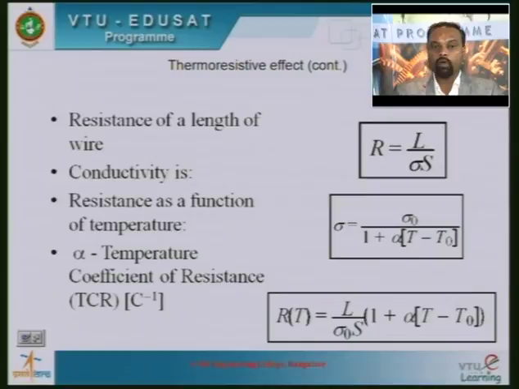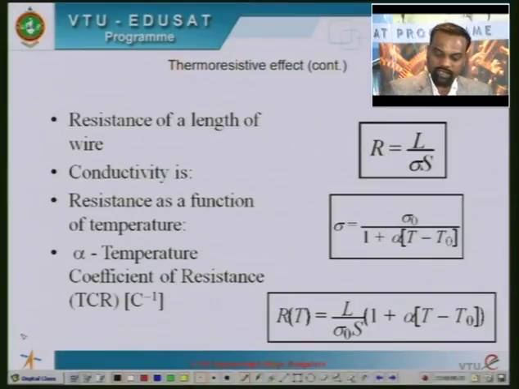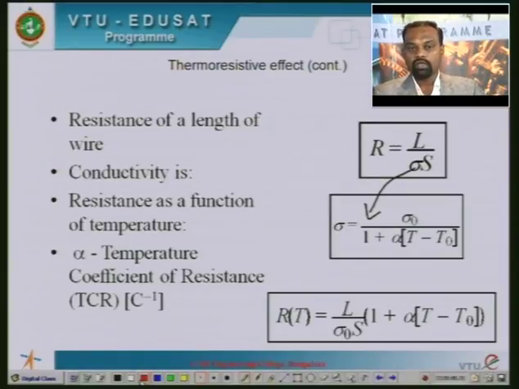The conductivity is not a constant but a variable quantity, and it is given by sigma equal to sigma naught divided by 1 plus alpha into T minus T naught. What sigma naught, alpha, T and T naught are, we will discuss.